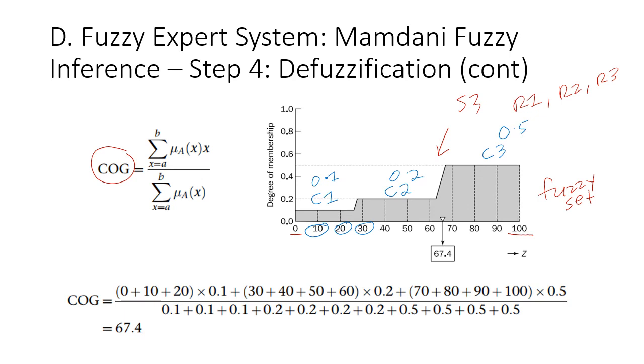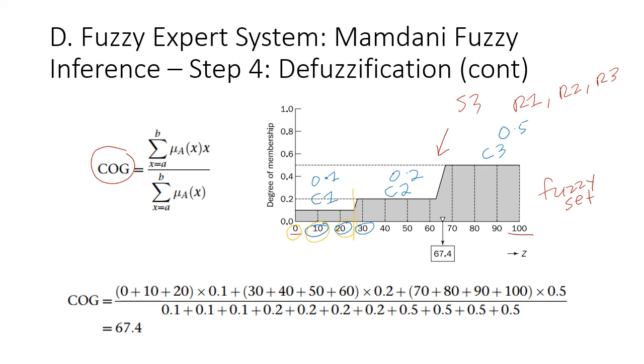So we'll calculate the values by looking at, in the area of C1, what are the intervals that fall under C1? So the intervals are 0, 10, and 20.